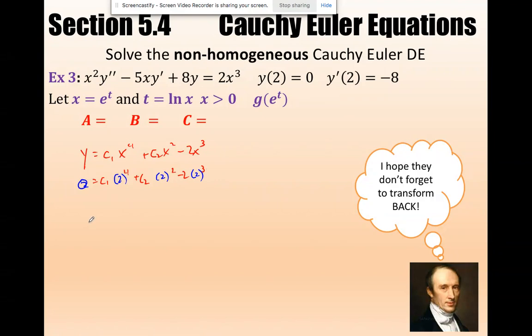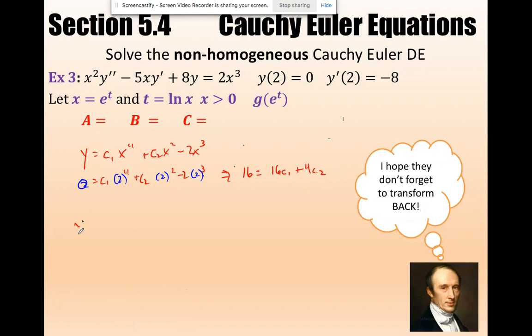So when I was done with that, what is this? 16, 4, 8, 6. So I'm going to end up with 16 is equal to, right, because that was negative, I'm going to move that over, is equal to 16C1 plus 4C2.